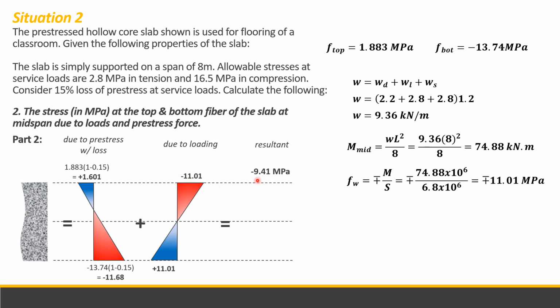So that is negative 9.41 megapascal, or compressive stress. And then 0.67 megapascal at the bottom. So this is our stress diagram. All compressive. These are the values for the top and bottom fiber stresses due to loads and pre-stress.